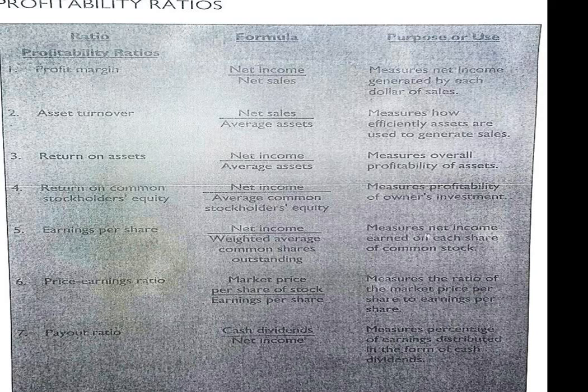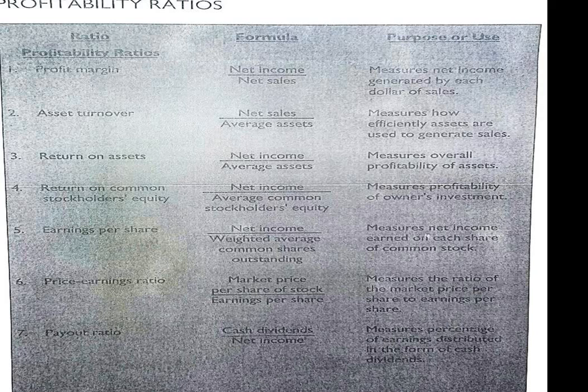The other one, asset turnover, is net sales over average assets. And again, I'll remind you that average means assets at the beginning plus assets at the end of the period, divided by 2.